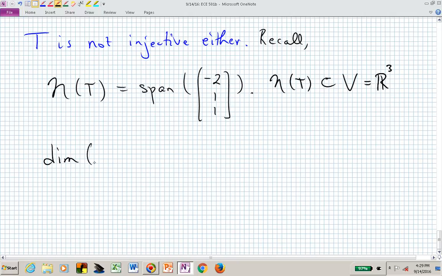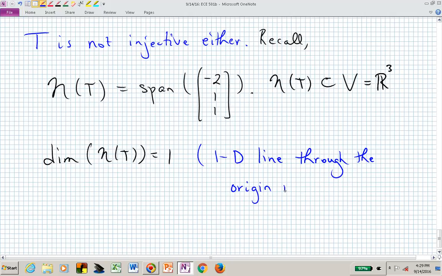In this case, we have the dimension of the null space of T equaling 1, or we actually have a one-dimensional line through the origin in 3D space.